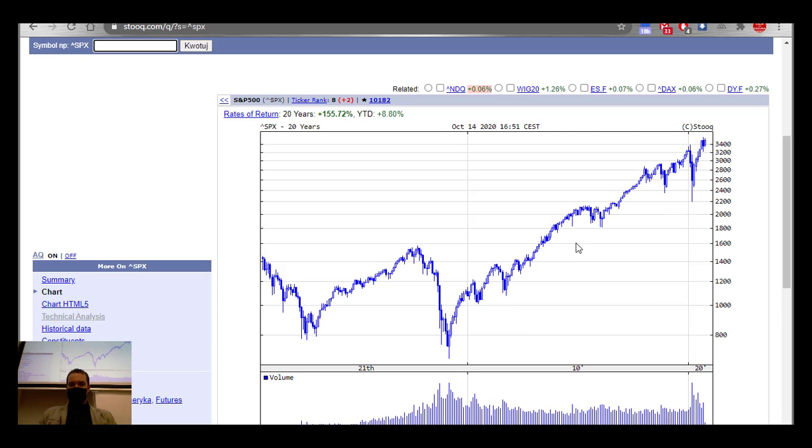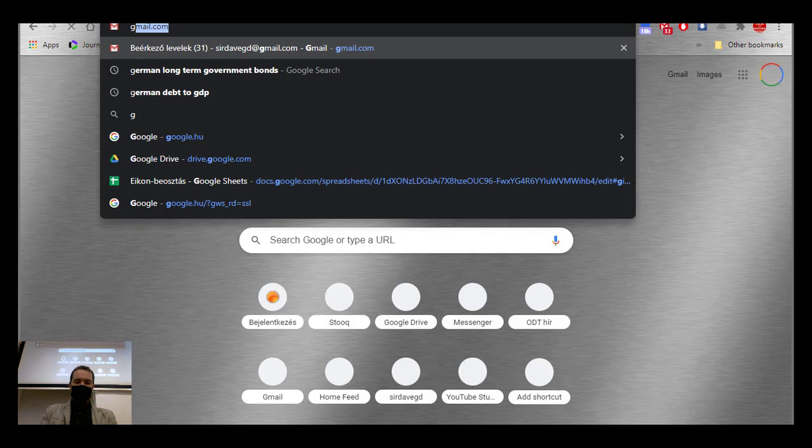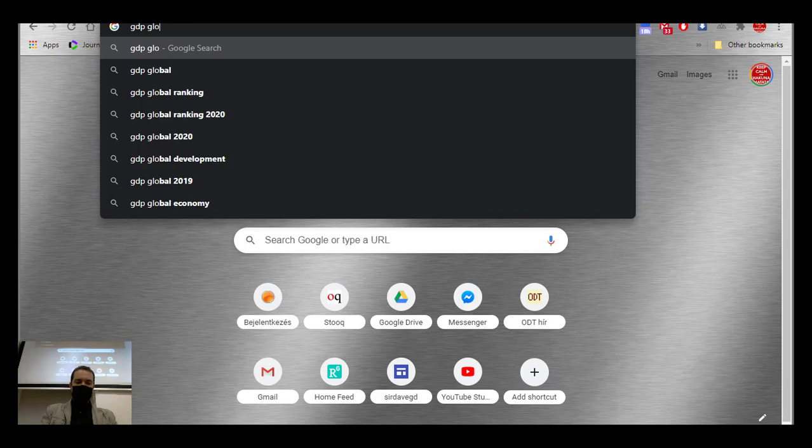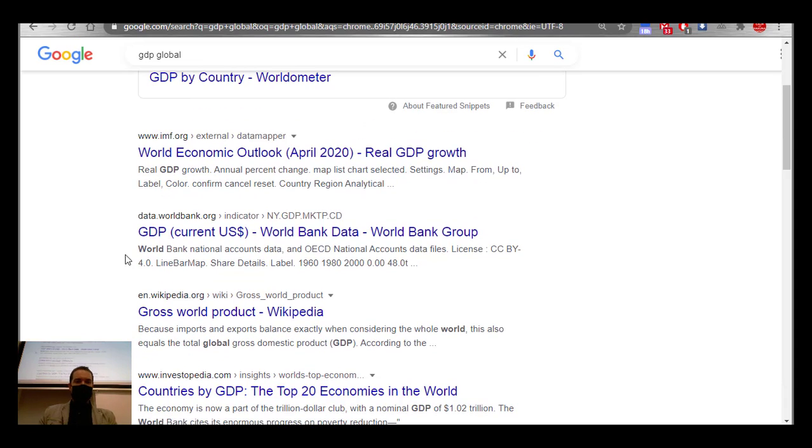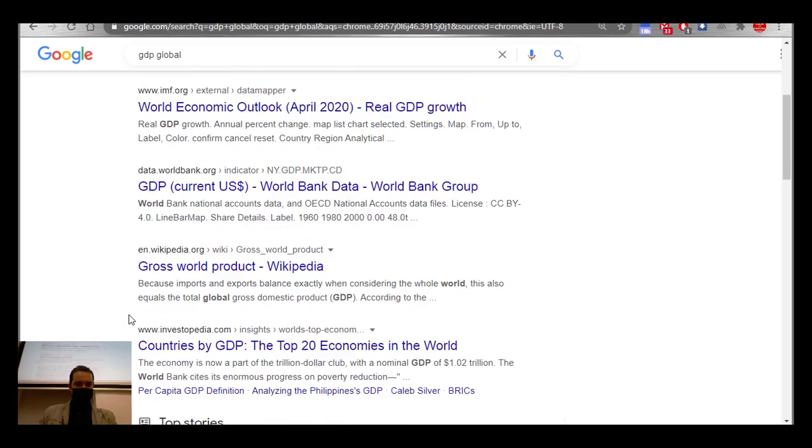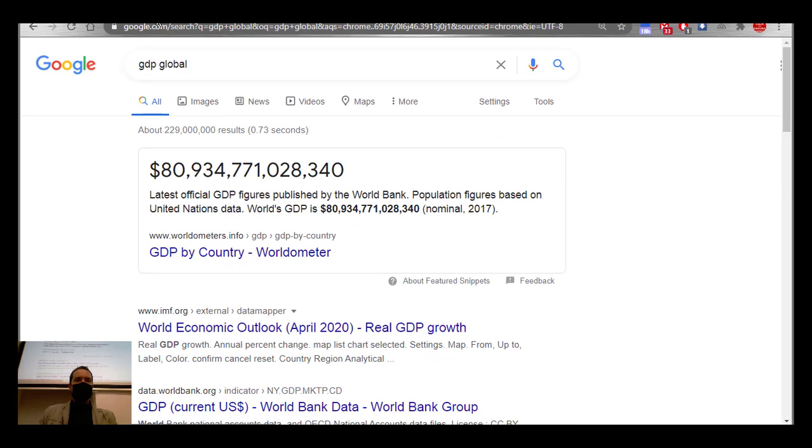So I can say that this economy is much stronger today than it was in 2000, because at the same time, if you are looking at the global GDP, do we have something like this available as a function? No, then let's say US GDP.